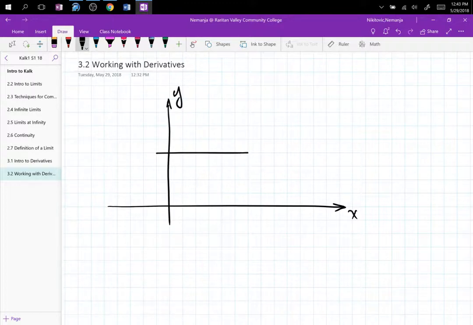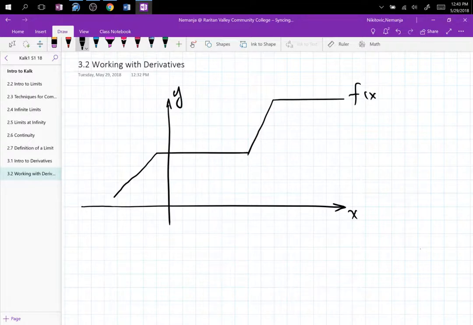Then I'm going to go at 45 degrees this way. Over here, I'm going to go 2 squares up, so at slope 2. There we go. And then I'm going to go flat again, and I'm going to call this f of x. So in black we have f of x.